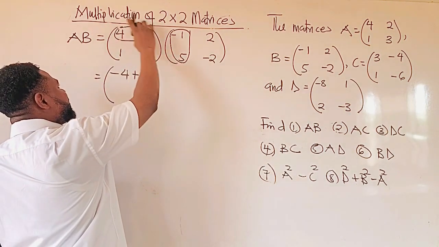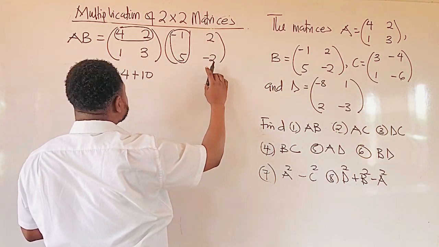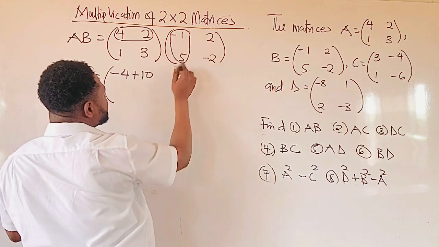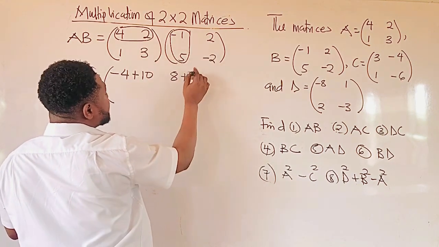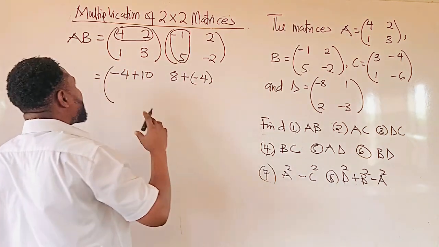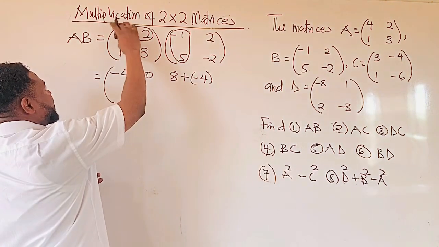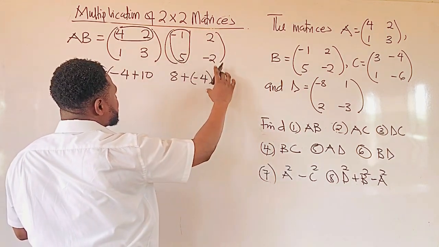Now, we pick the first row again by the second column, then we put it here. So 4 times 2 will give us 8, plus 2 times negative 2 will give us negative 4. So we are now done with the first row by each of the columns here, and this is what we have.